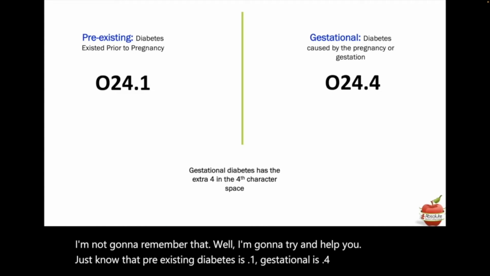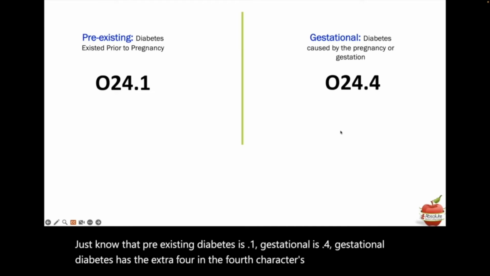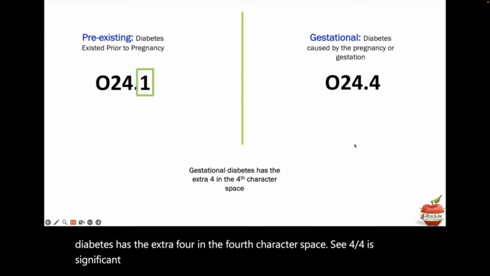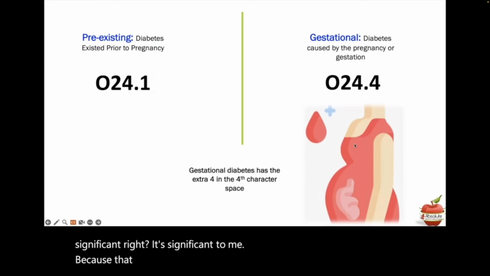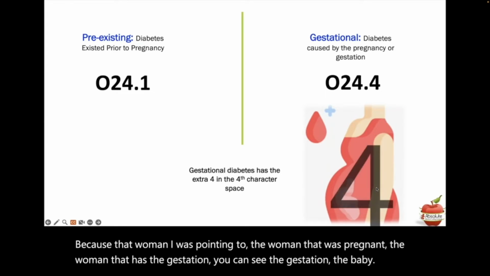Gestational diabetes has the extra 4 in the fourth character space. See? 4. 4 is significant, right? It's significant to me because that woman I was pointing to, the woman that was pregnant, the woman that has the gestation, you can see the gestation, the baby, she looks like a number 4.